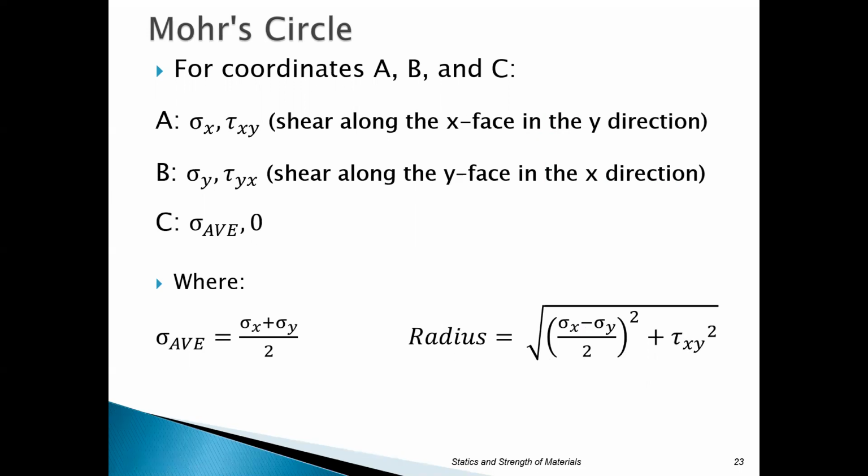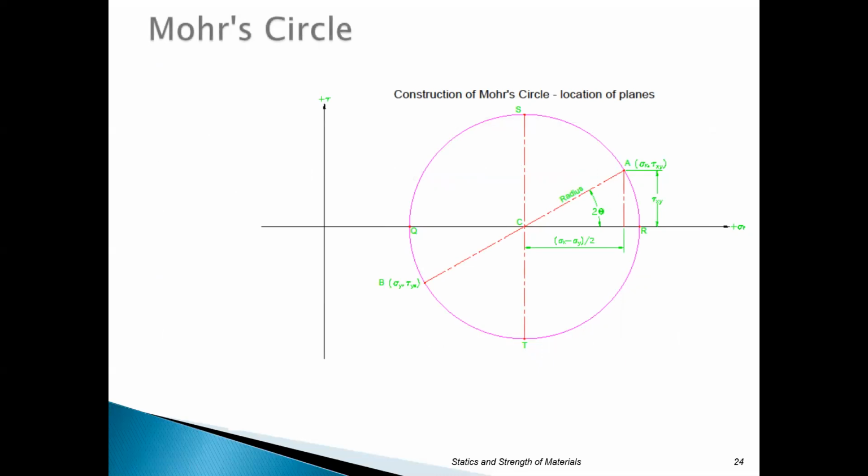It's actually pretty simple. And then to construct the actual angles, notice if you drop a perpendicular from that point A down to the axis itself, this value is actually tau, which is the shear stress along the x face in the y direction. And this distance here is given by the difference between the two stresses, normal x minus normal y, divided by 2.